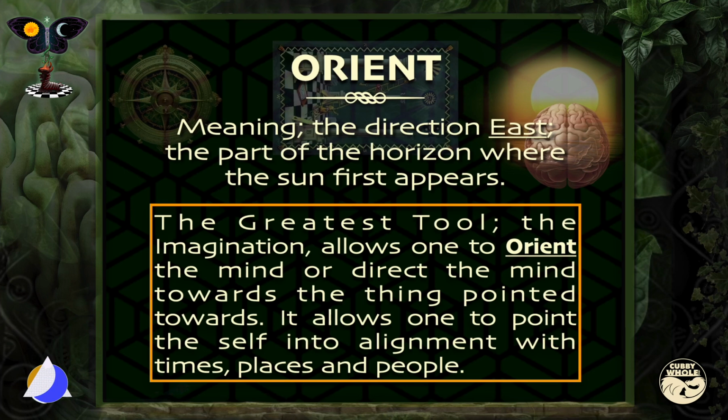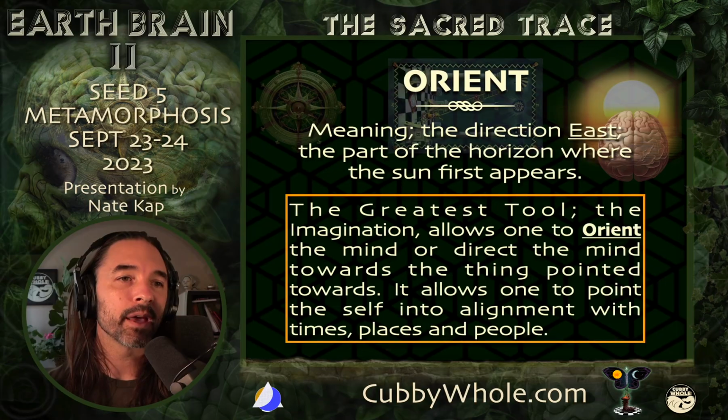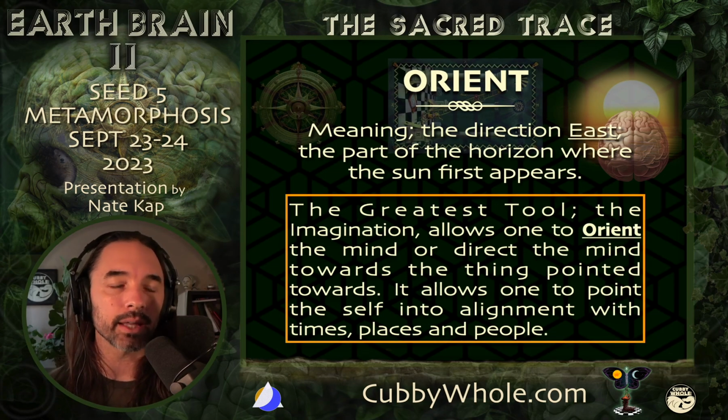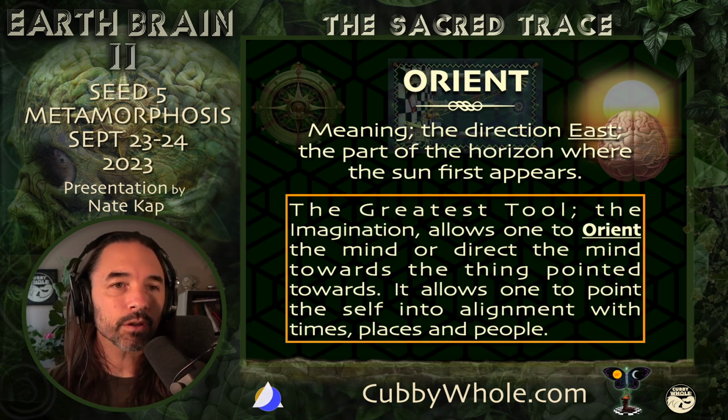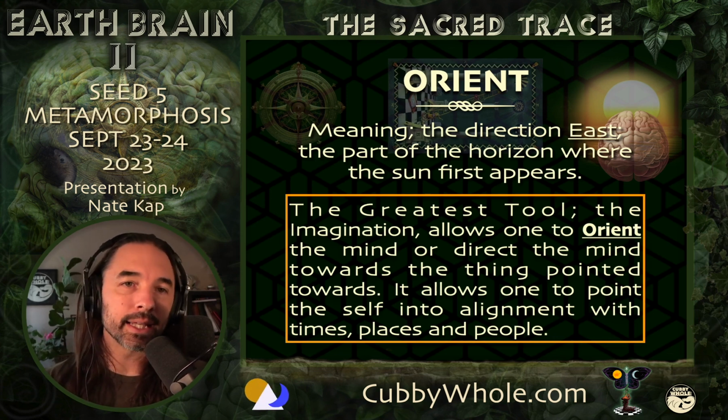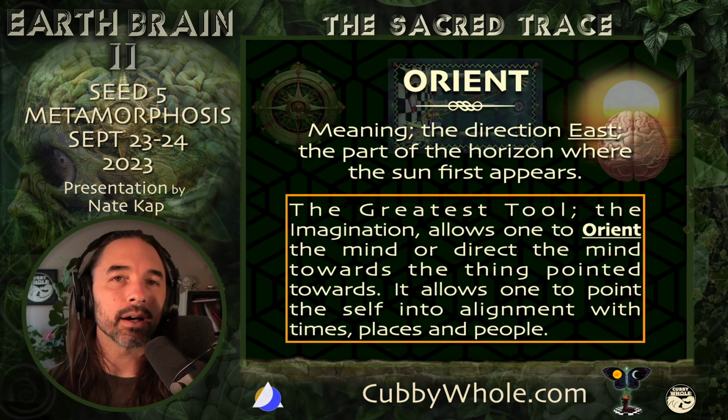It allows one to point the self into alignment with times, places, and people. So it's about orienting the mind, using the imagination, to place the mind in the direction of rising light.